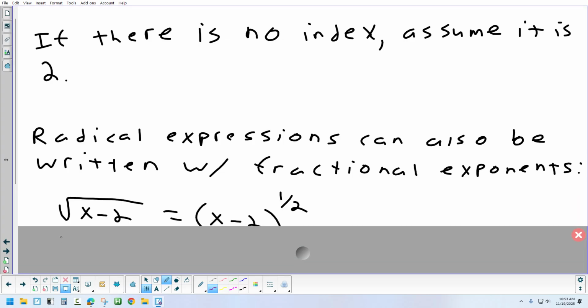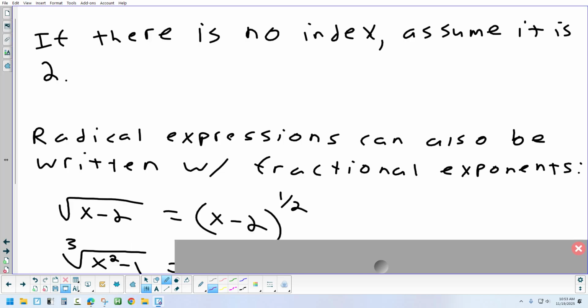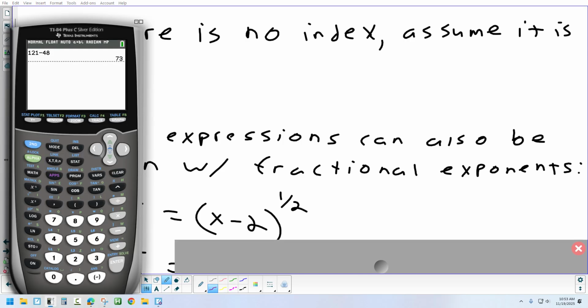So if you type in on the calculator the square root of 48, you get that number. If you wanted to do the square root of 48 and you didn't want to do it with the radical sign, you could do 48 raised to the 1/2 power.